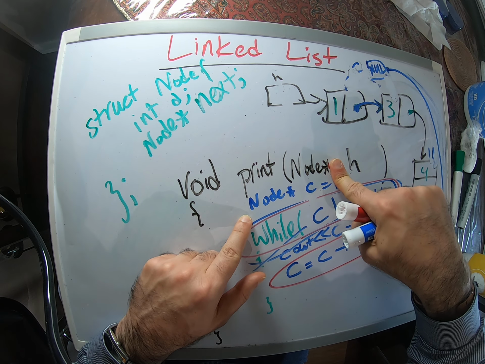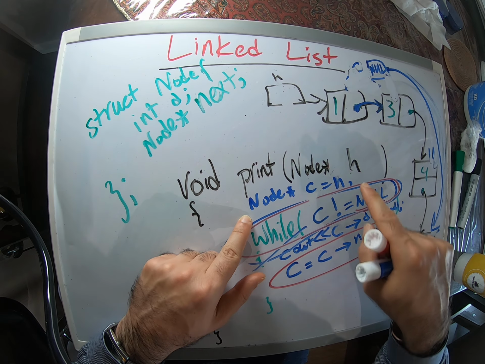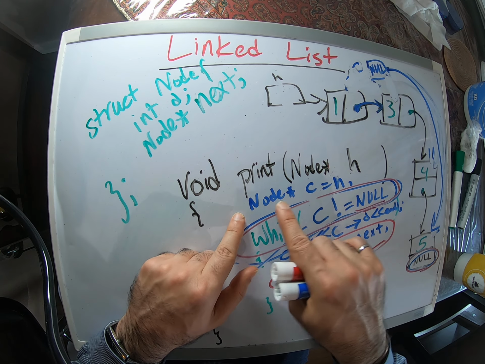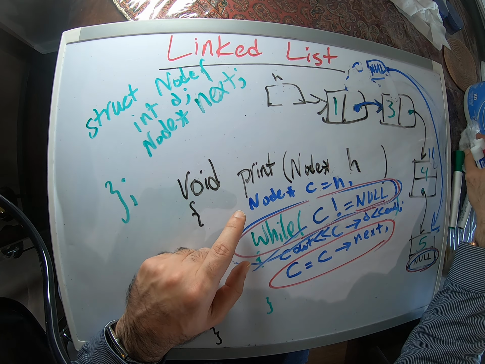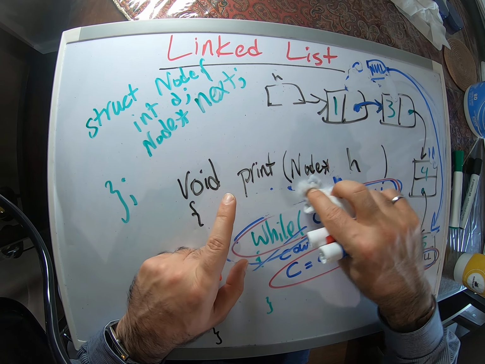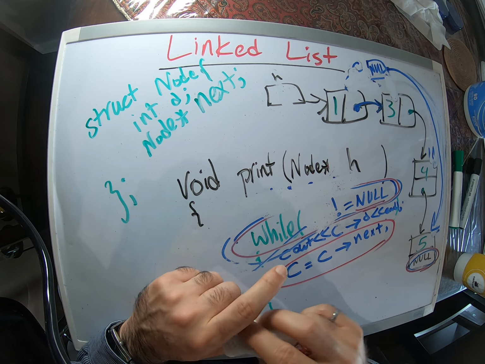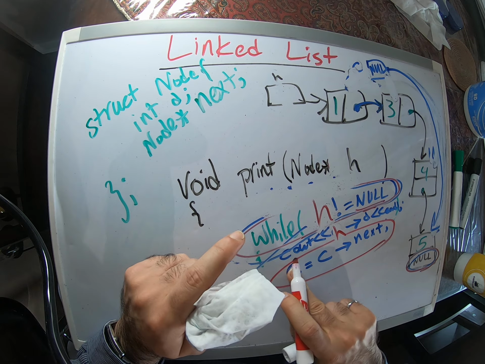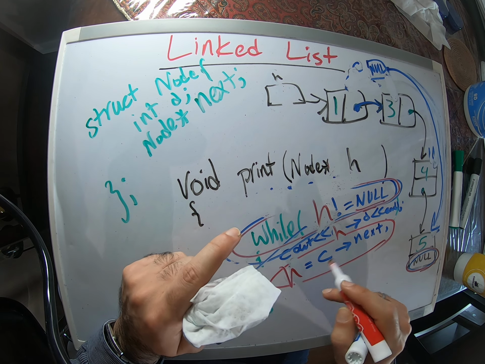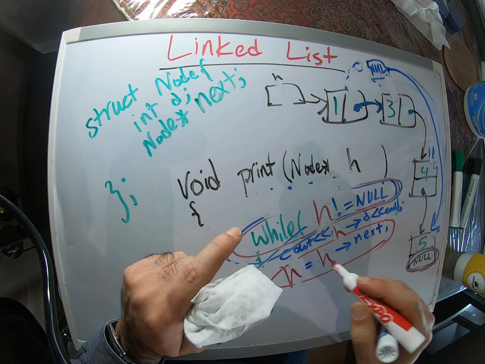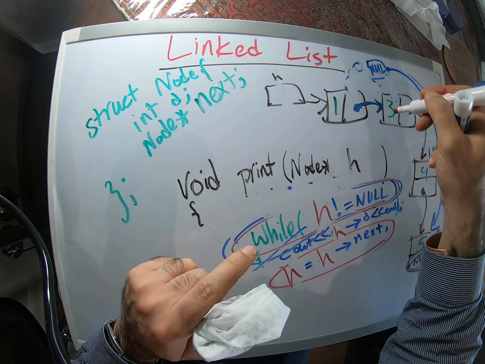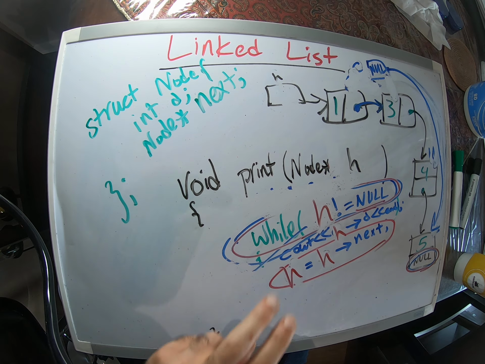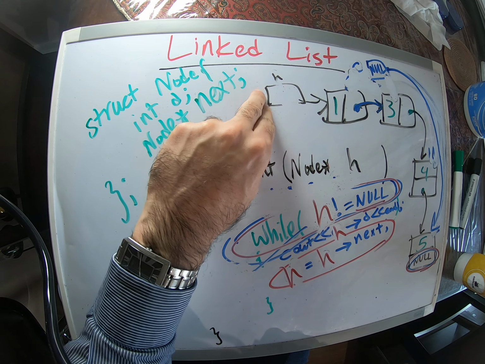If this is a local variable, a copy of the pointer, I actually didn't need the new node pointer. I could have done everything with H. I could have done it like this. I prefer the first one, where you have a separate pointer and you don't touch the H. But in this case, this is a local variable, so we don't need it.